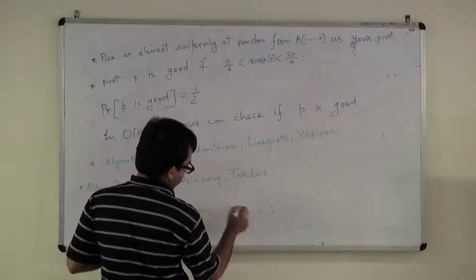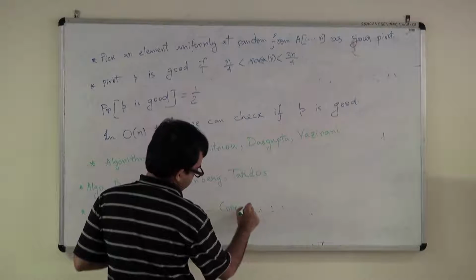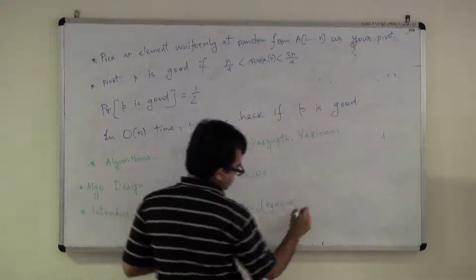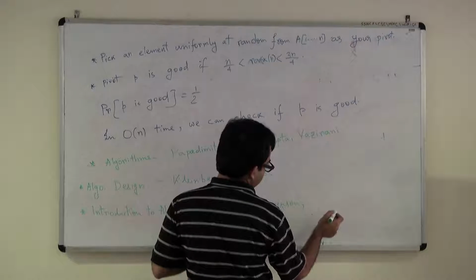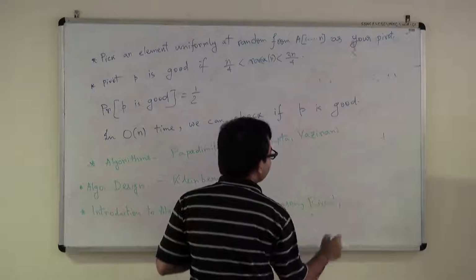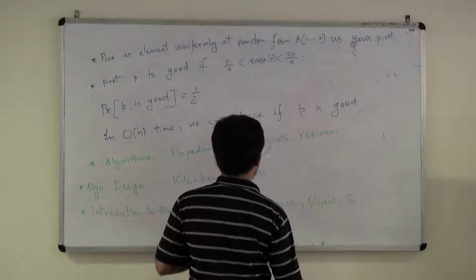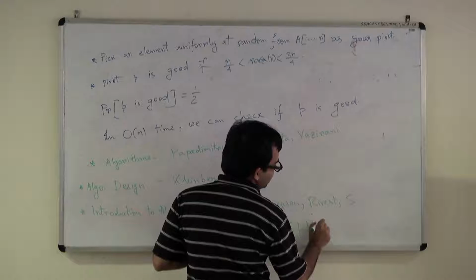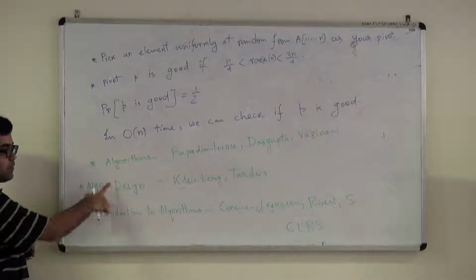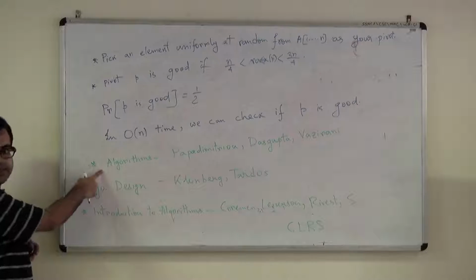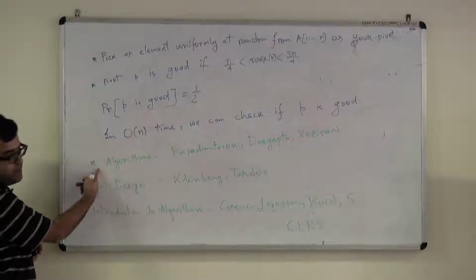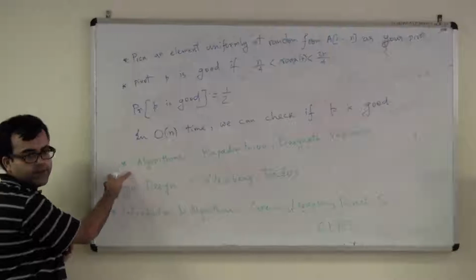This is called CLRS, after its authors Cormen, Leiserson, Rivest, Stein. If you just Google the CLRS book, you will definitely find this one. I'm not sure if the other two are available online, but I'm pretty sure this one is. You can download the entire book with all the chapters and the exercises, and you can find chapters on greedy algorithms, dynamic programming, and divide and conquer in this.